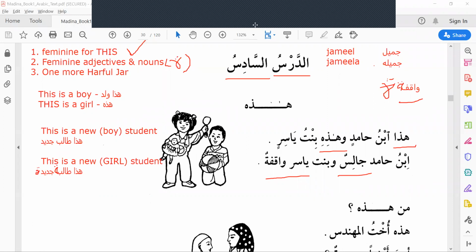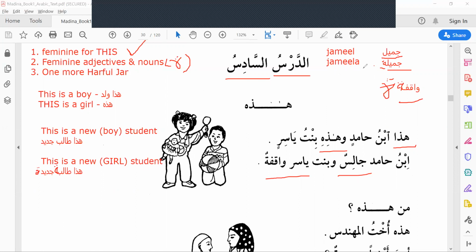Jamilatun will have two dots. Similarly, you can read a lot of masculine and feminine names which differentiate by the ta. Jamil, Muhammad Jamil, Abdul Jamil, a lot of boys' names are there.